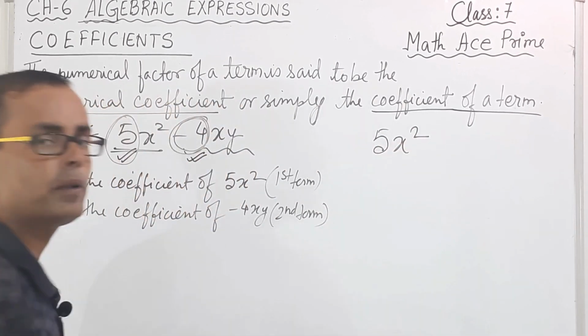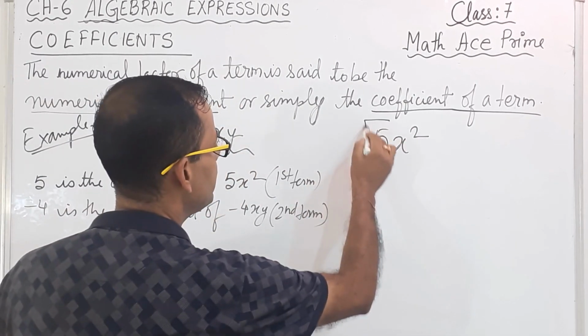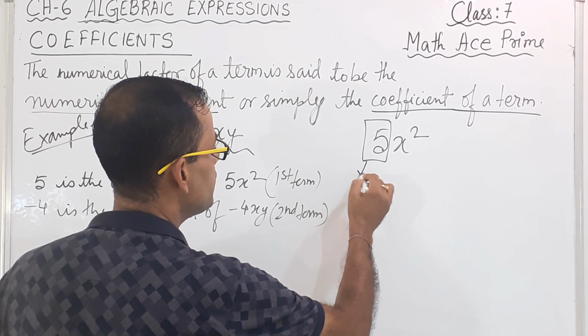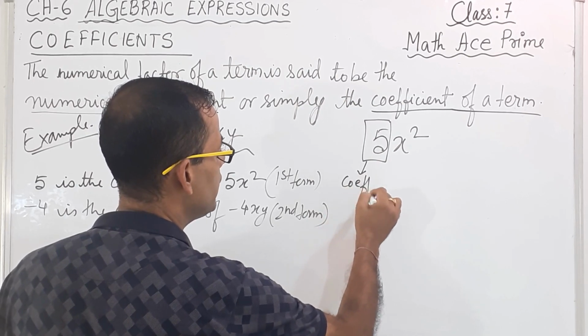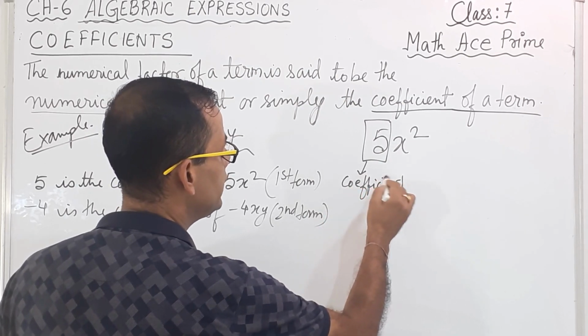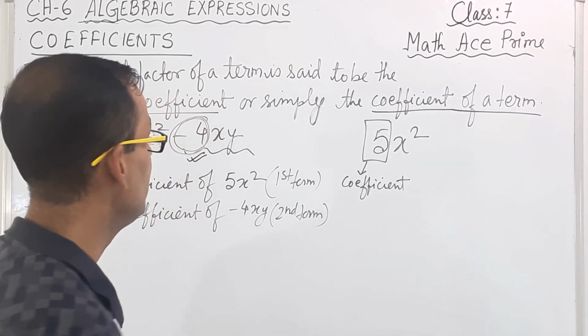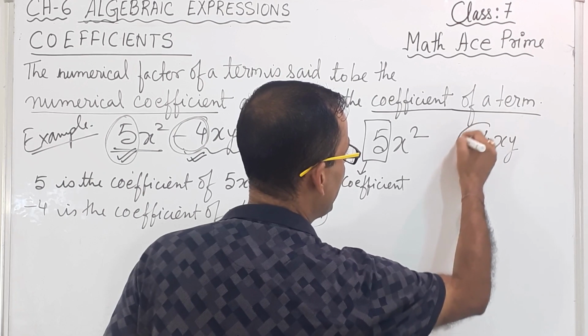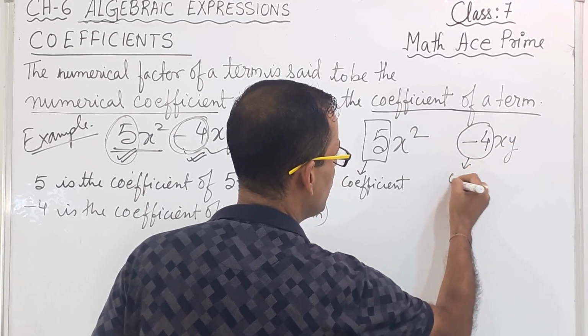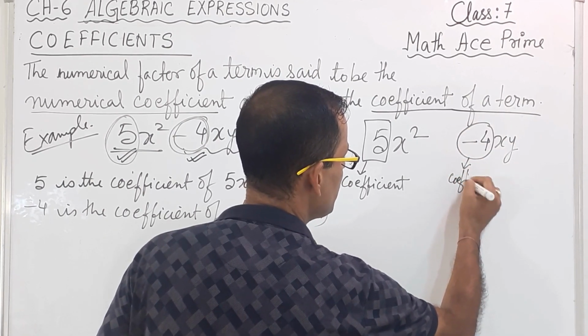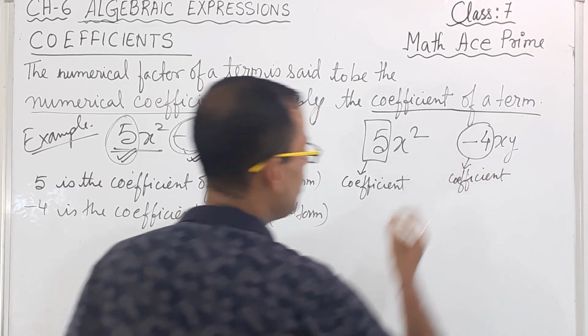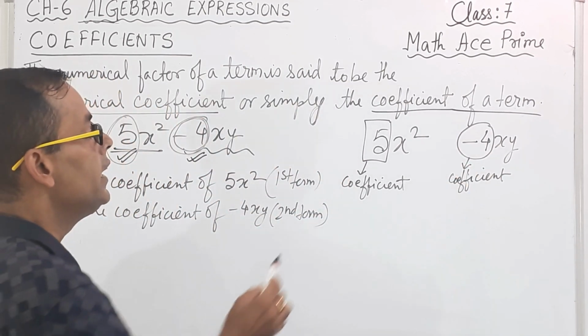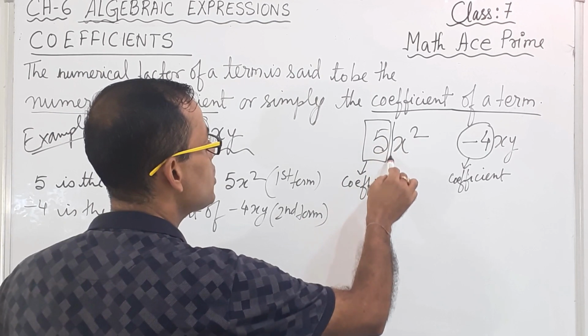Now one more thing let me tell you. In 5x square, 5 is the coefficient. Yes or no? This you came to know. Students sometimes don't understand one more thing. In minus 4xy, minus 4 is the coefficient. Now another thing I want to say: what is this x square?